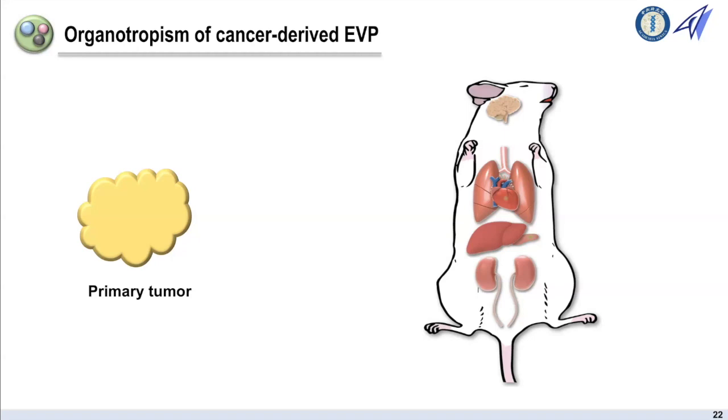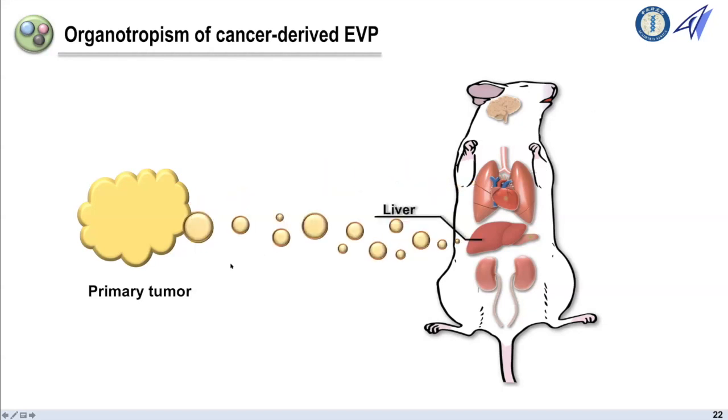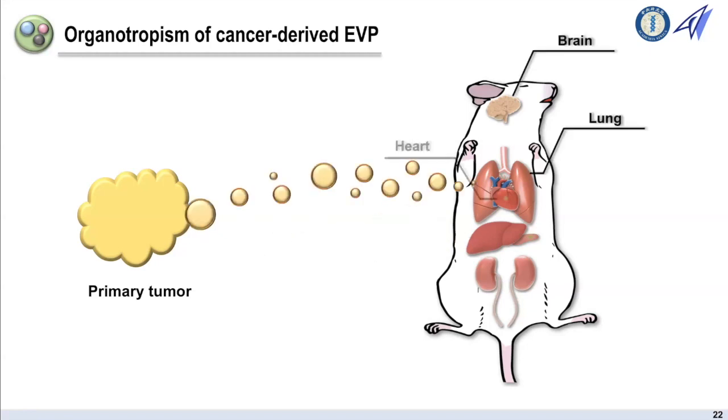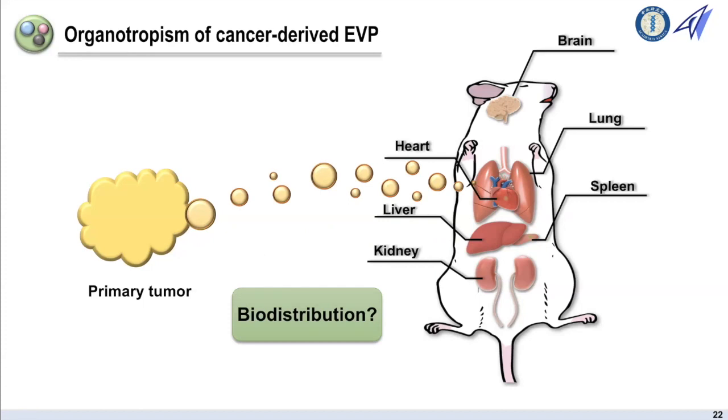So here we all know, as has been reported by David Lyden's group, that tumors have organotropism from a primary tumor, either going to the lung or even going to the liver. However, most of the time during the study we only focus on a specific organ. But how about the different organs such as the brain and then heart, spleen, liver, or other major organs, kidney?